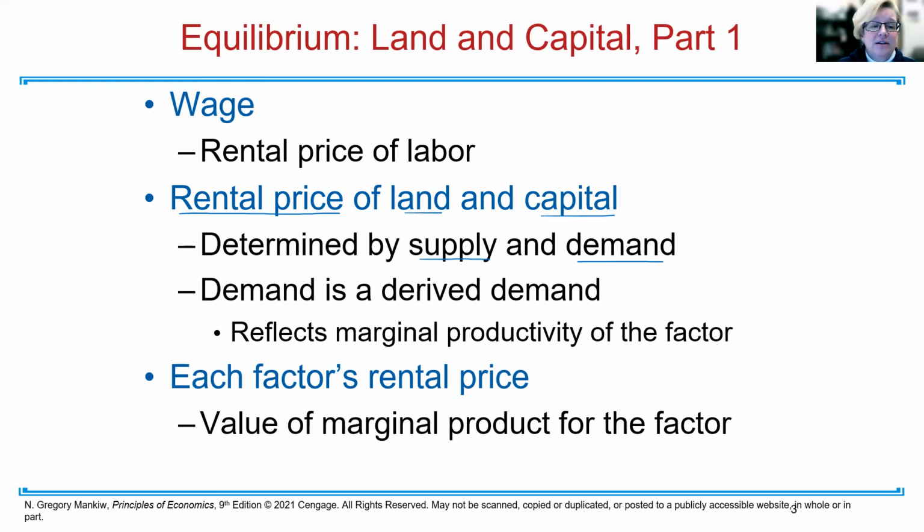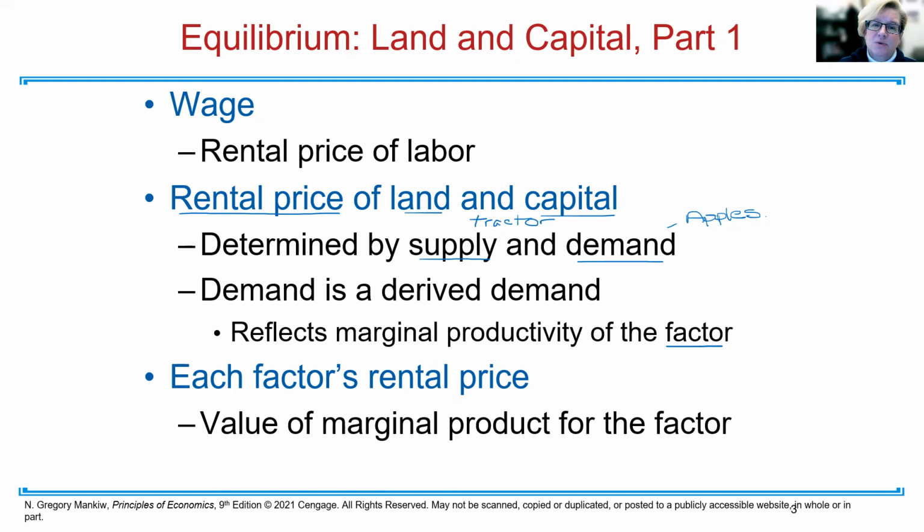So here, again, the supply of tractors, which are available for us to, maybe you could rent a tractor as well, versus the demand for apples in the market, which is the derived demand. Okay. Now, it does reflect again that marginal productivity of the factor.